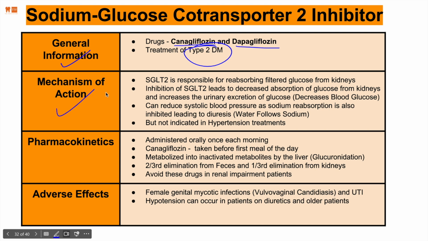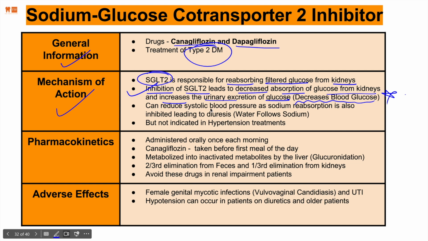The mechanism of action: the sodium glucose co-transporter, which is SGLT2, is normally responsible for reabsorbing all the filtered glucose from the kidneys back into the bloodstream. Inhibition of this co-transporter leads to decreased reabsorption of glucose in the kidneys and increases urinary excretion of glucose. Perfect. Therefore, it decreases glucose in the bloodstream.